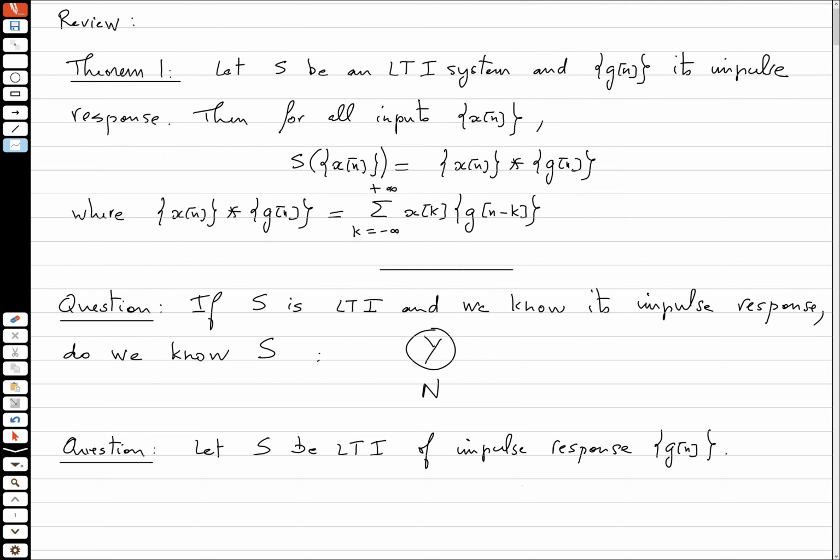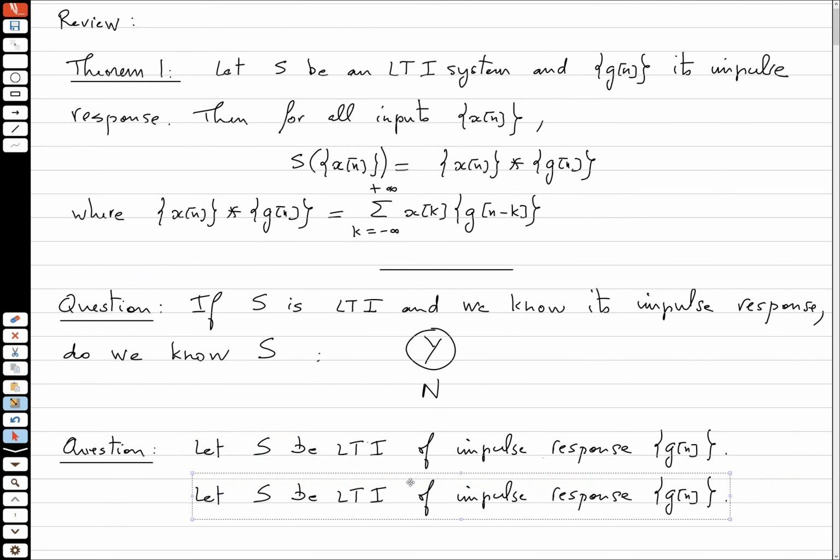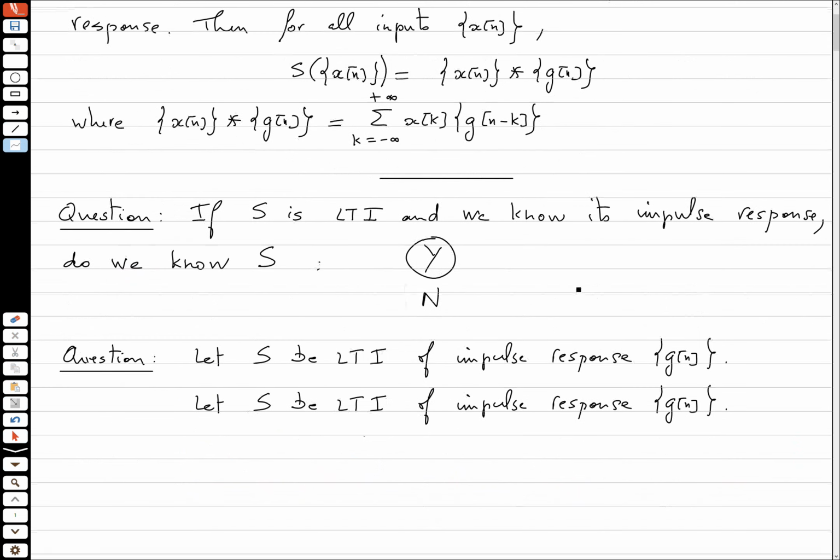And let's consider another system, S prime, that is LTI also, and its impulse response is g prime of n.